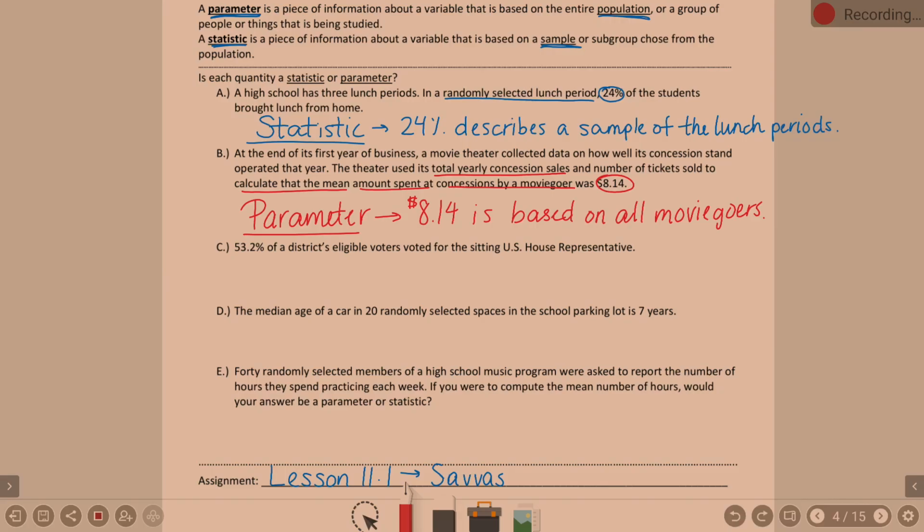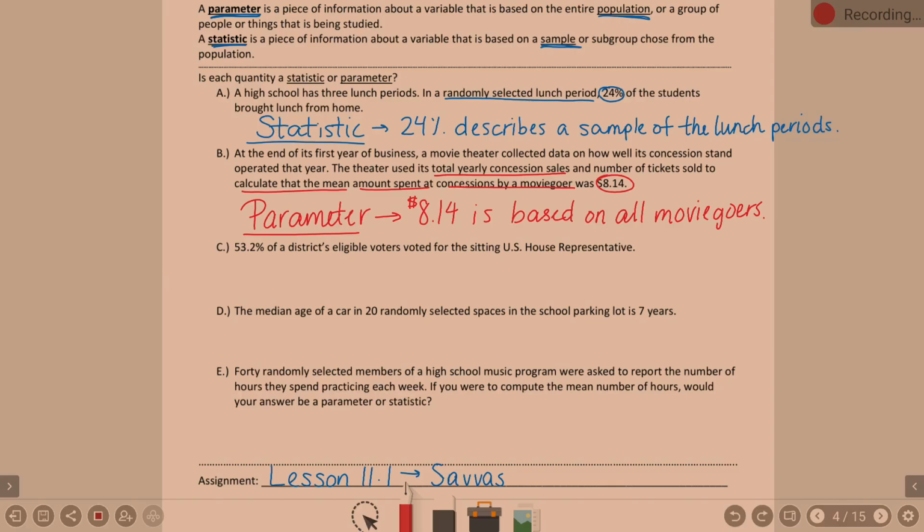I think what you have to understand is specific districts vote for specific House representatives. I don't know if that's going to help or confuse, but you don't vote for all representatives. You vote for the representative that represents your district. So this is talking about 53% of that district's eligible voters. So this is a parameter.